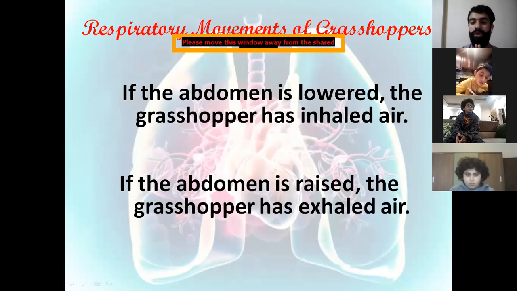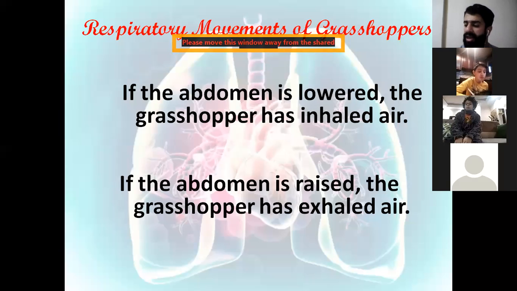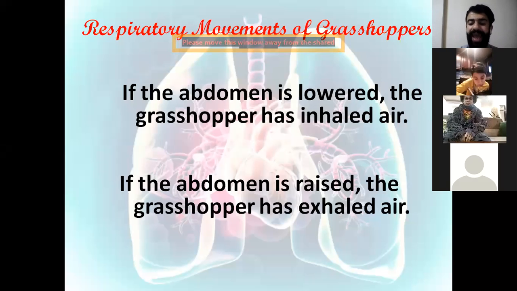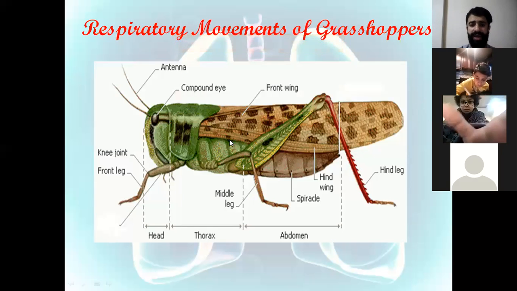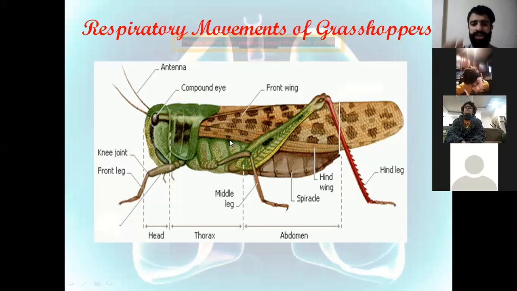So here you have to know this note: if the abdomen is lowered, the grasshopper has inhaled air, and if the abdomen is raised, the grasshopper has exhaled the air.